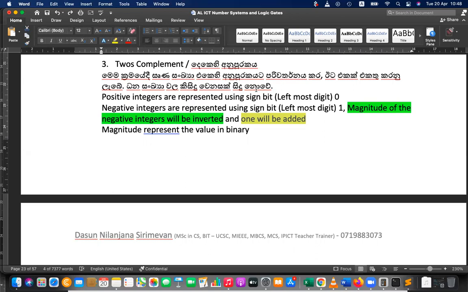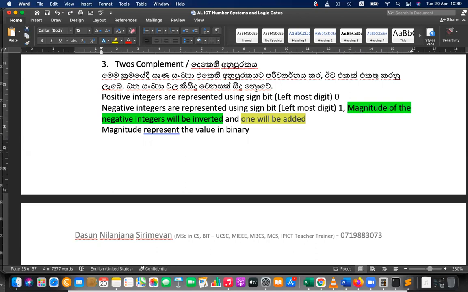Now you have learned three methods. First method, sign and magnitude. Second method, one's complement. Third method, two's complement. After learning the third method, everything should be simpler than before. What is the simplicity? In all three methods, positives are the same. What about the negatives?